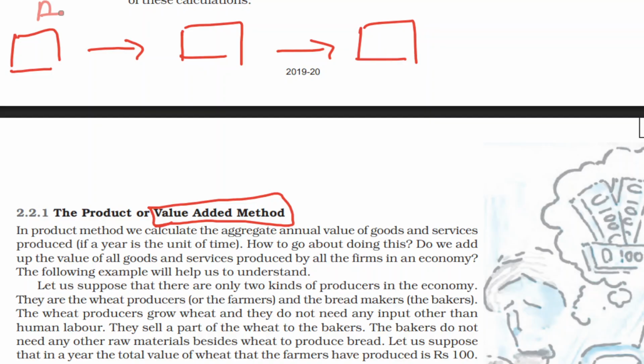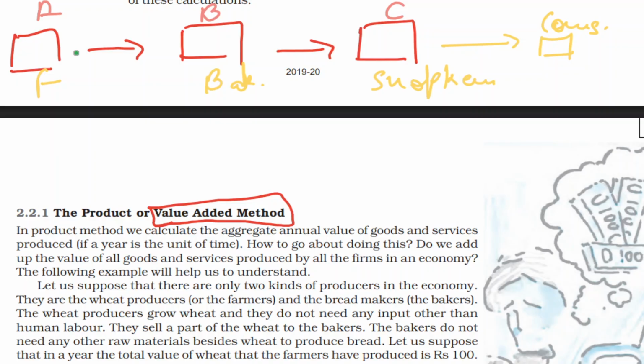This is chain A, this is chain B, this is chain C. Chain A is a farmer. Chain B is a baker. Chain C is a shopkeeper. And then you have one last person as a consumer, right?